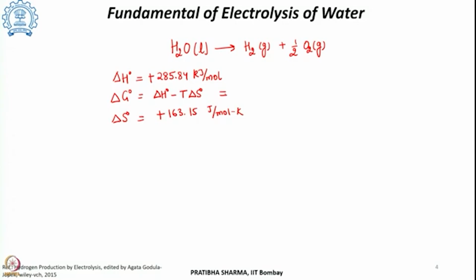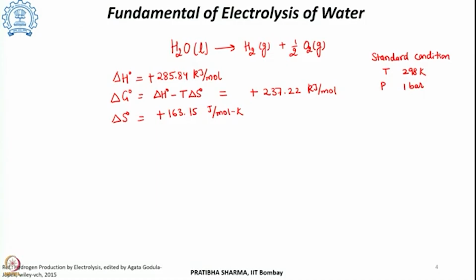So we can find out the delta G for this process, and this comes out to be 237.22 kilojoule per mole. These are under standard conditions. By standard conditions we mean a temperature of 298 Kelvin and a pressure of 1 bar, which is approximately 1.01 atmosphere.